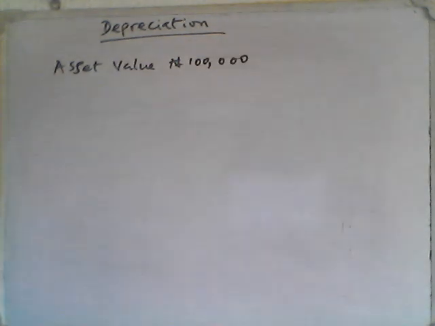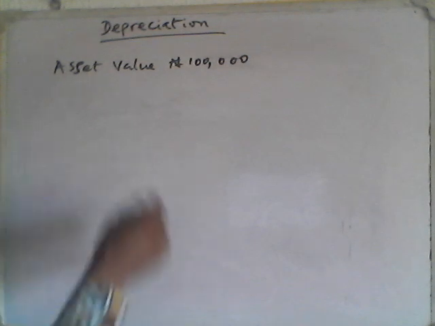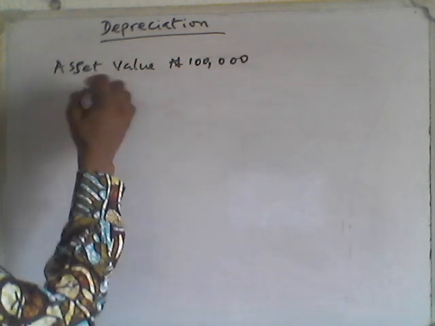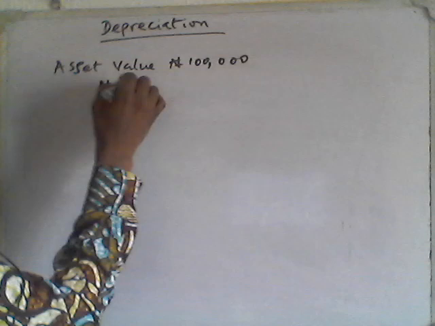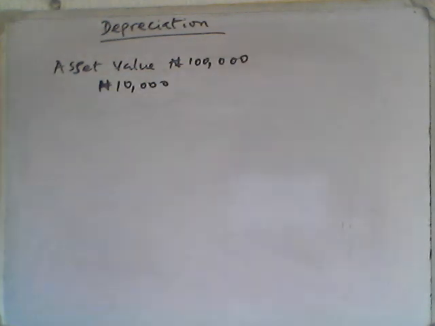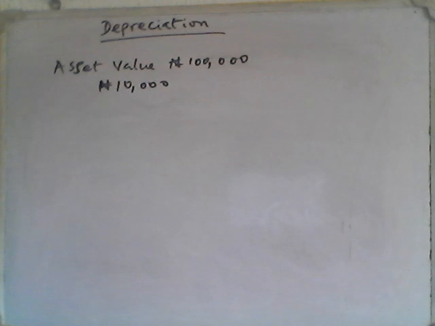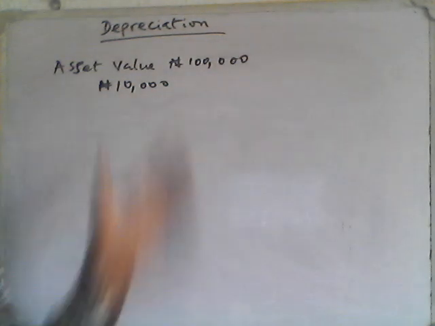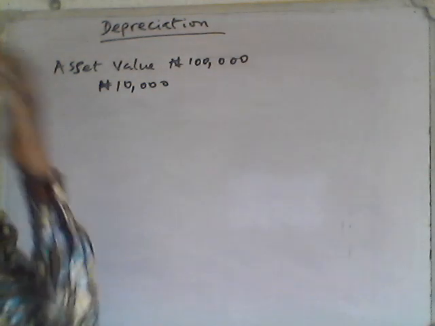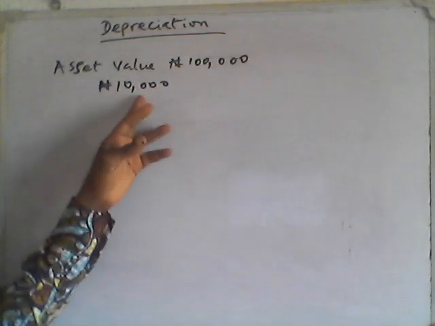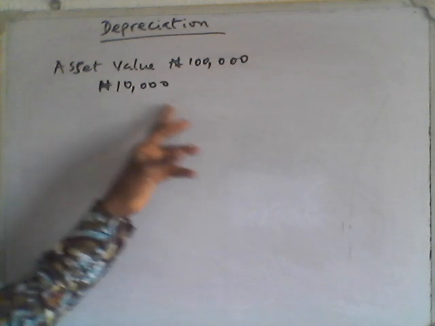Let's say every year we say that 10,000 is the depreciation value. That means you take it away from this original value. So for the straight line method, we can now use the formula of AP to calculate the depreciation value with the constant decrement being a negative increment. So this one now is a negative increment.